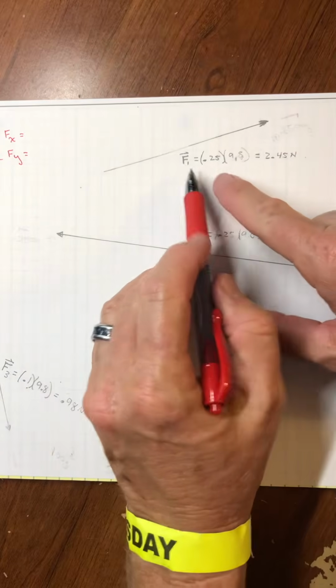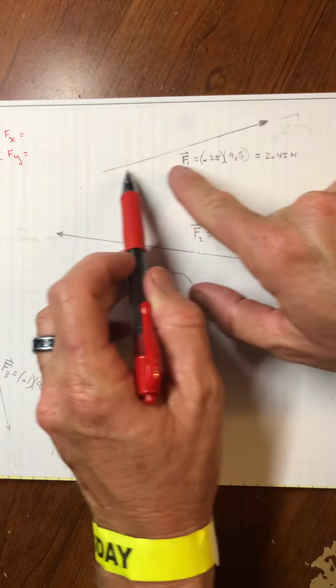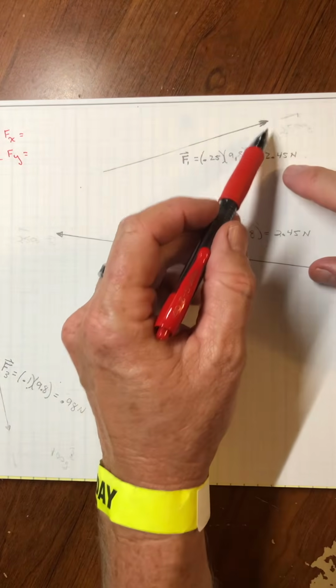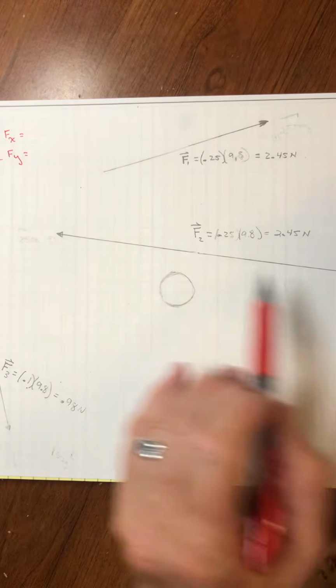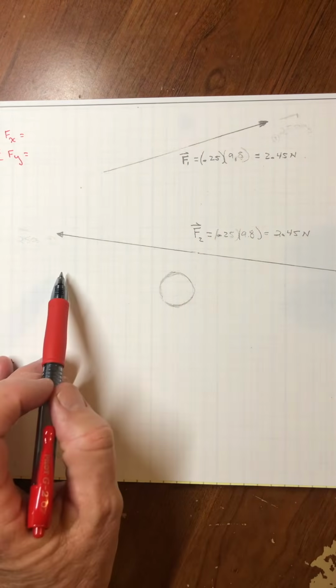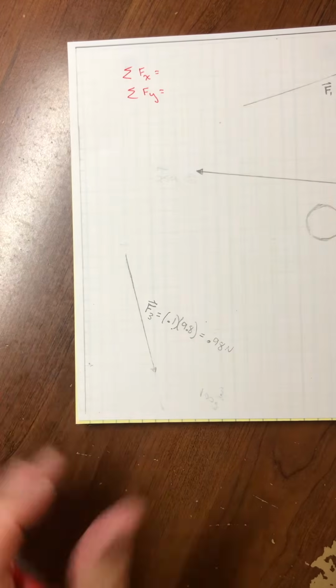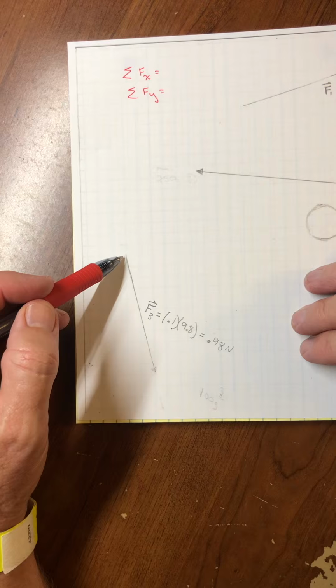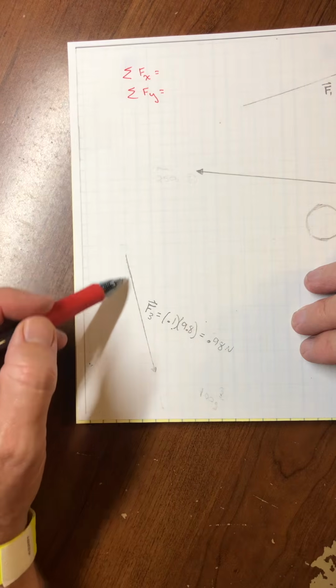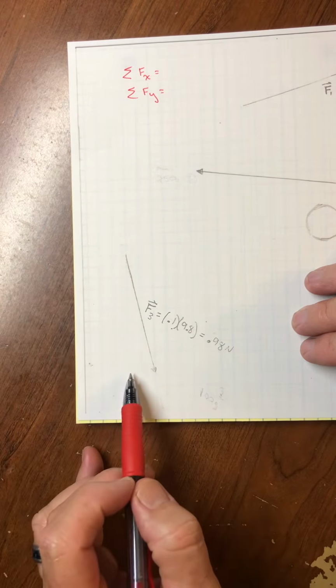So on that one, for example, force number 1, you would have a positive x and a positive y. For force number 2, you would have a big negative x and a positive y. And for force number 3 over here, you would have a negative y and a positive x.